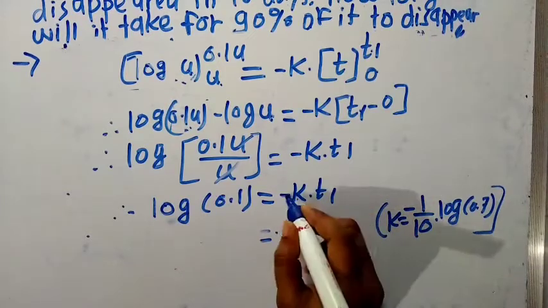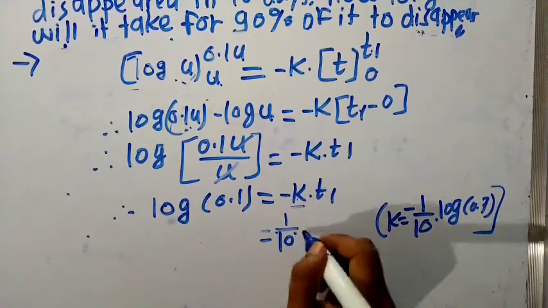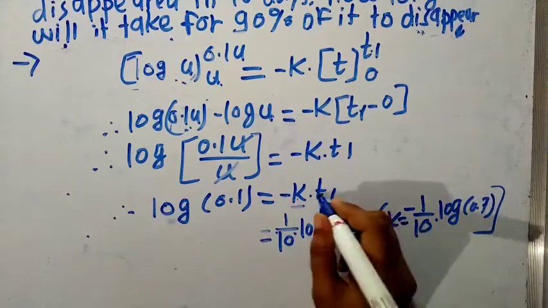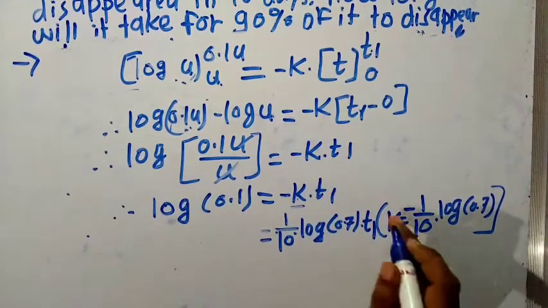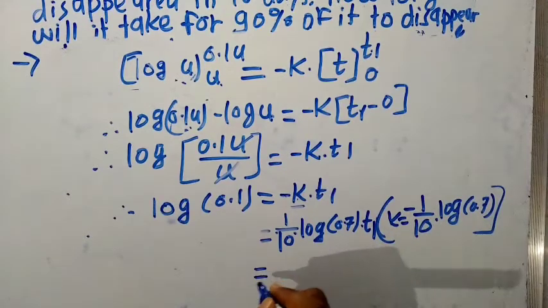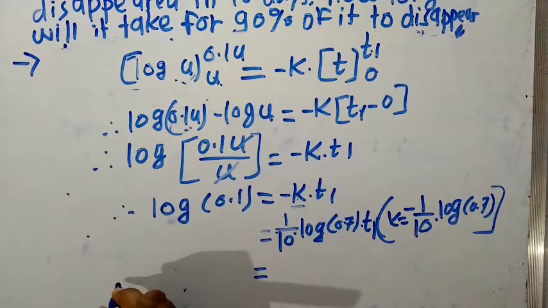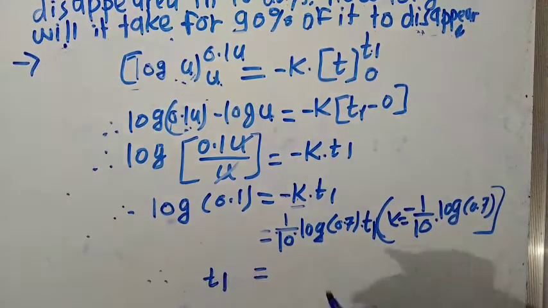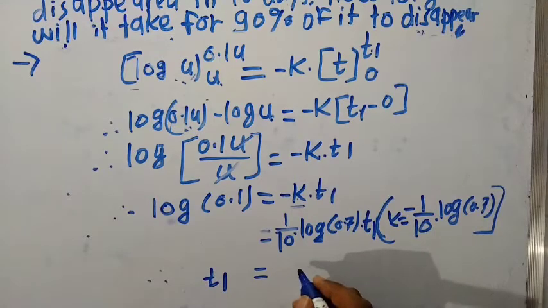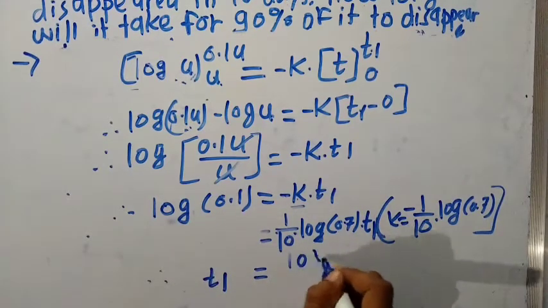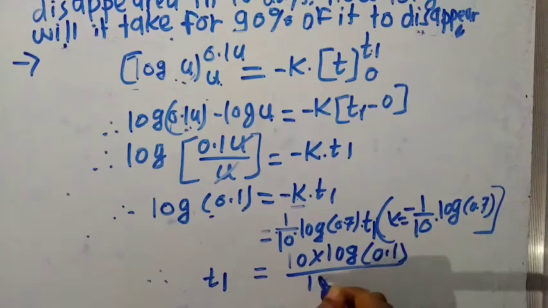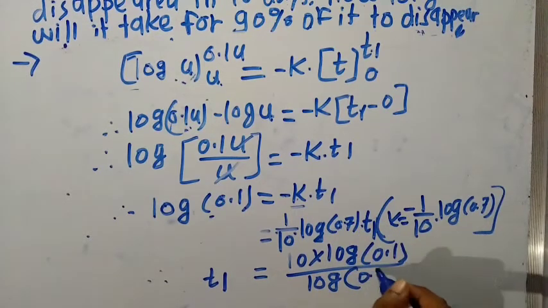So here minus minus is plus, and 1 by 10 into log 0.7 into t1, hence t1 is equal to 10 into log 0.1 divided by log 0.7.